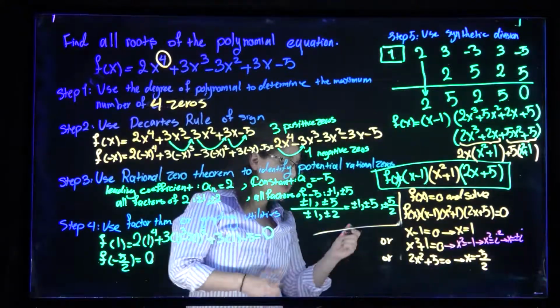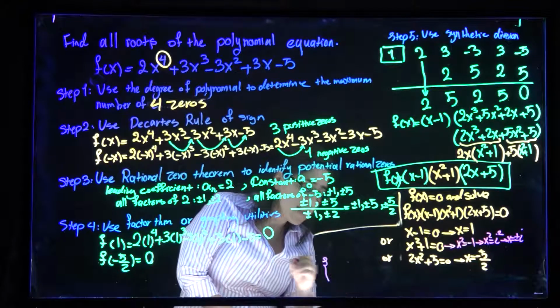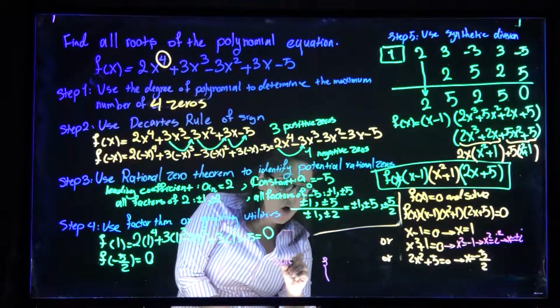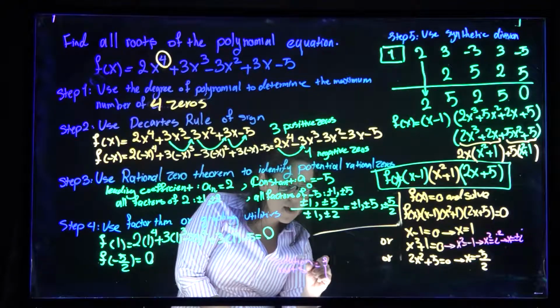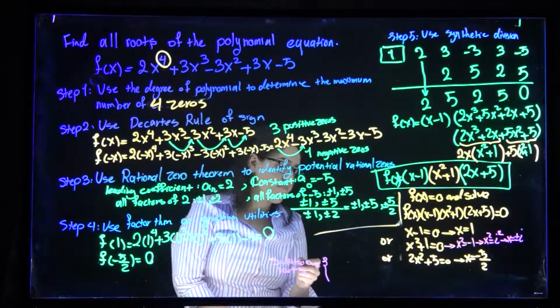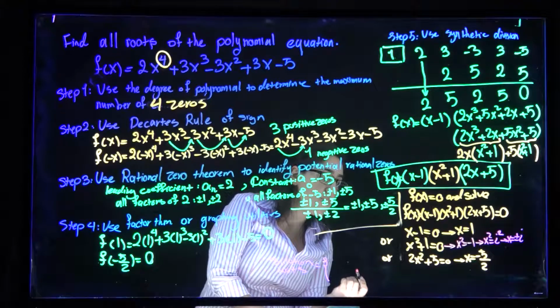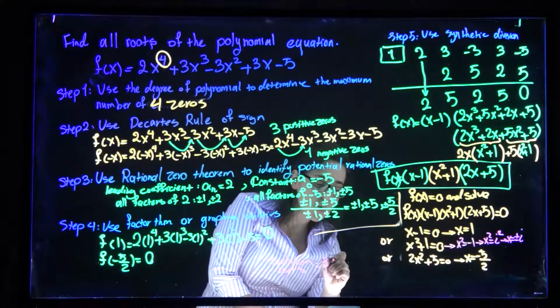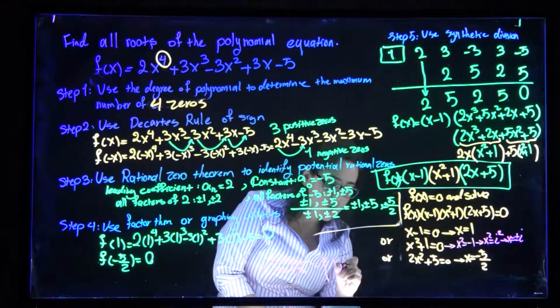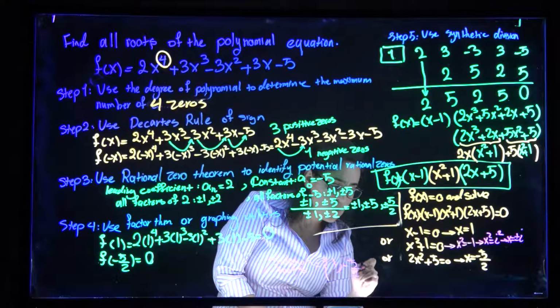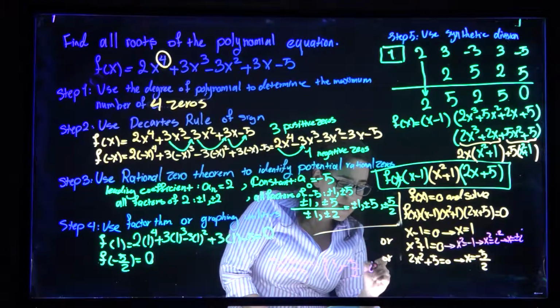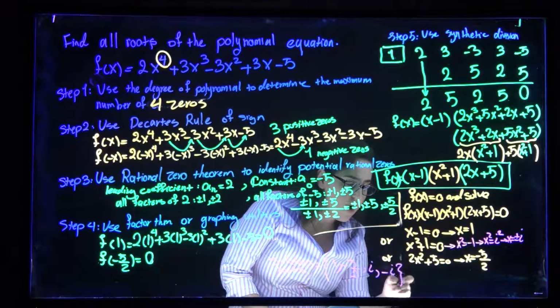Now, down in here, I'm going to write down all the solutions, or the roots, in my curly bracket. One of the roots is 1, one of the roots is negative 5 over 2, another root is i, and the other one is negative i.